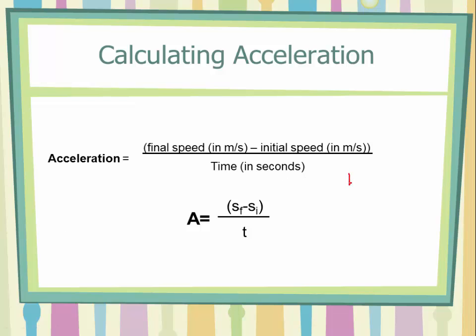So for our units, we can combine all that together and just make it meters per second squared. It's a little easier to write at that point. So we can shorthand all of this to the acceleration is equal to your speed final minus your speed initial, all over time.